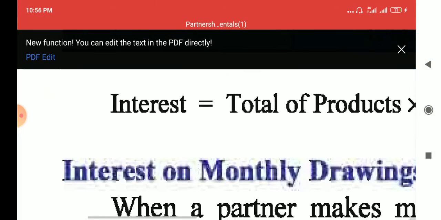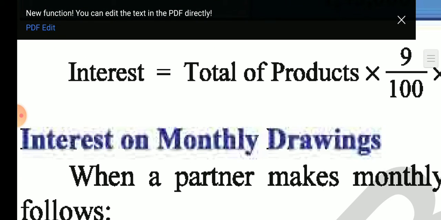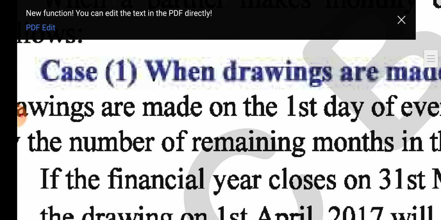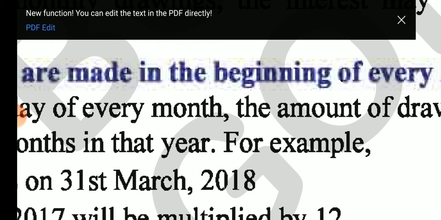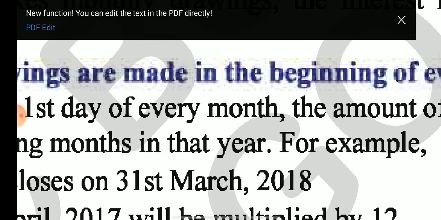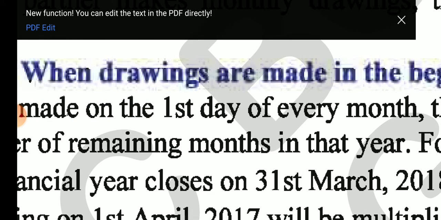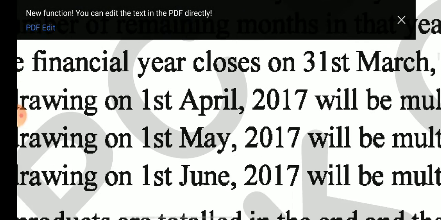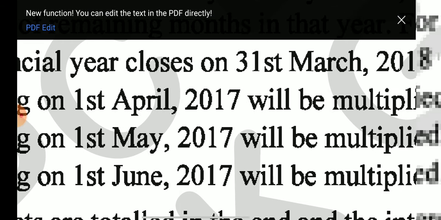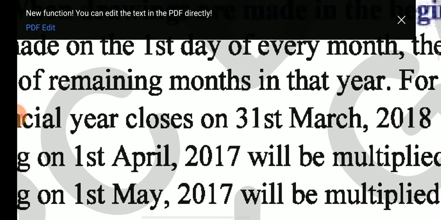Now we go to another system, interest on drawing on a monthly basis. There are three ways of withdrawing drawings on a monthly basis: beginning, mid and end. Beginning means the first day of every month. Mid is on the 15th, and the 31st or 30th is the end.